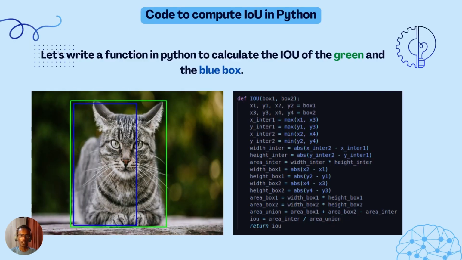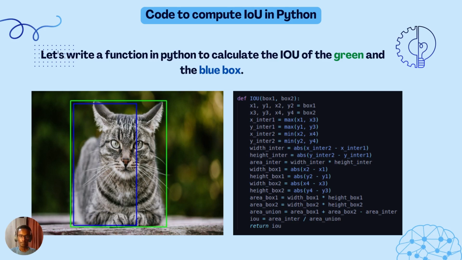So now we're going to look at code in order to implement the IOU in Python. We just define a function known as IOU, and then we pass the coordinates of box 1 and box 2 respectively as parameters to the function.